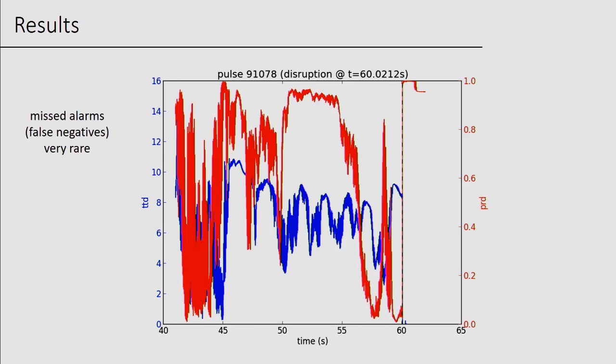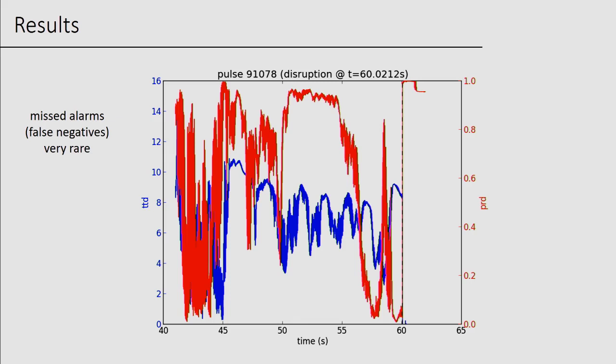Now, another serious case. This is perhaps more serious. In this case, the network is unable to predict. You can see that by the time you reach the disruption, the probability was very low, and the time to disruption was very high. No way to predict.